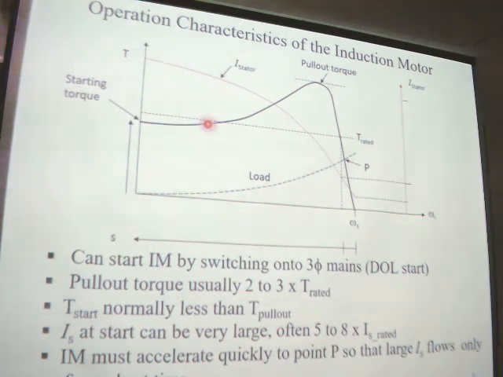So if I use this resistance with the rotor, should it be series or shunt? We can increase the starting torque if we want a larger one. We can connect a resistance to the rotor to increase the starting torque, just like this red curve. Is this series resistance or shunt?